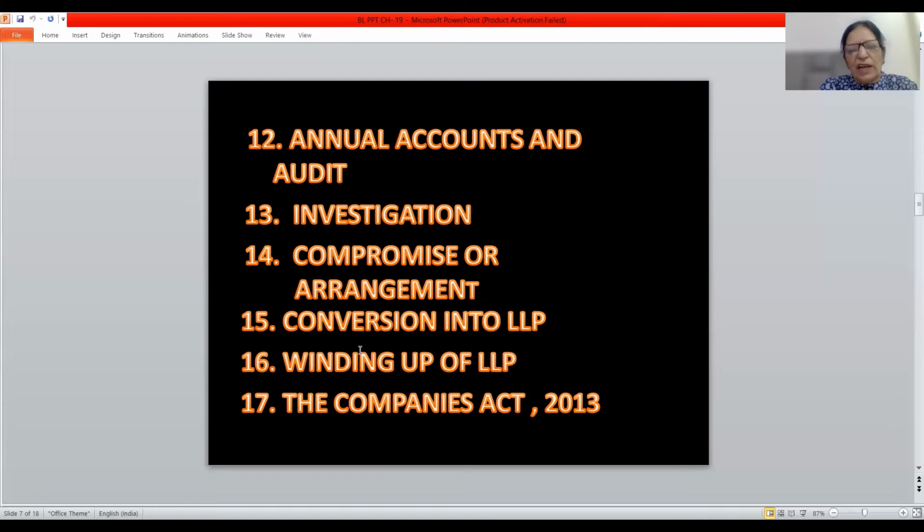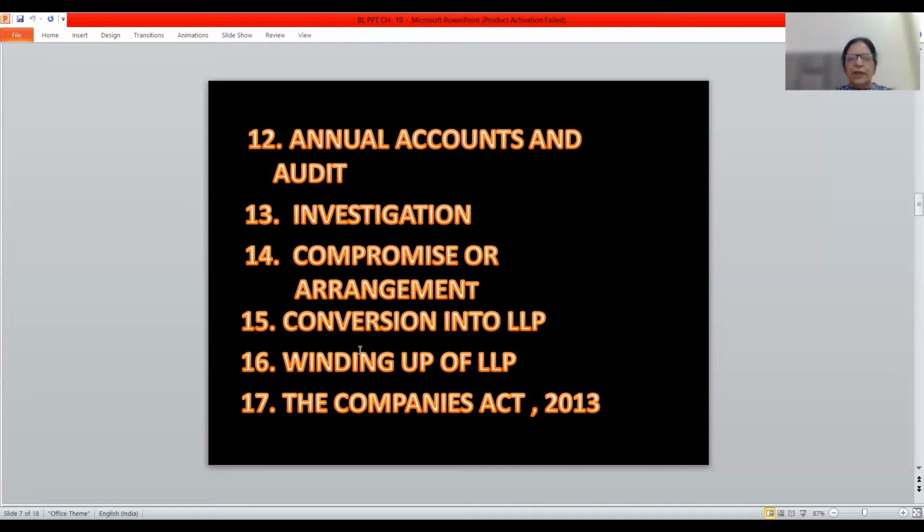Compromise or arrangement. Any compromise or arrangement will always be done with the provisions contained under the LLP Act 2008.